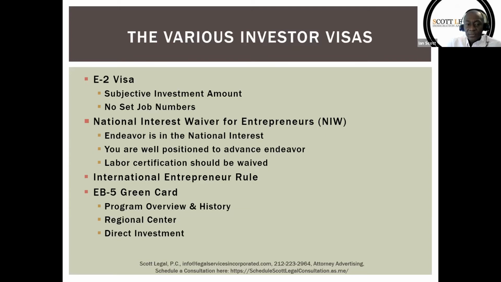This particular visa requires much less investment than the EB-5 that we're going to talk about today, and also doesn't have a set number of jobs that are required. The key difference between this and the EB-5, though, is that this is what's called a non-immigrant visa, and that means that it's not a green card. The other is that this is very country specific. There are about 80 countries in the world where this visa is available.